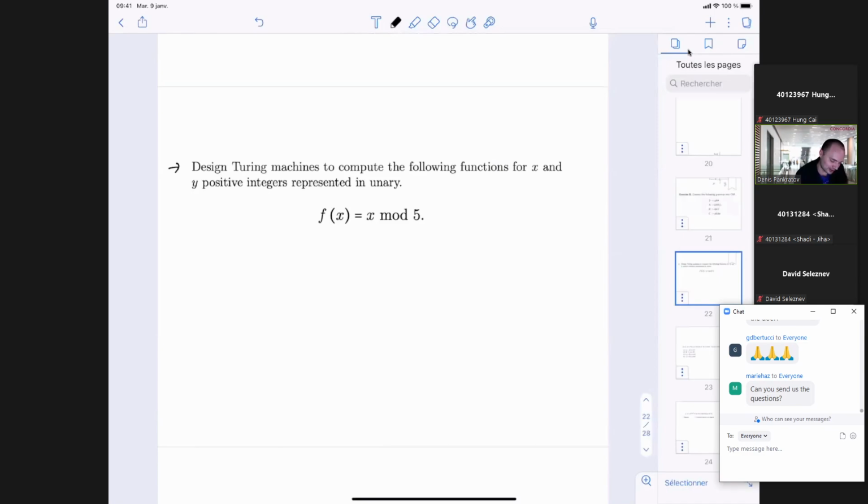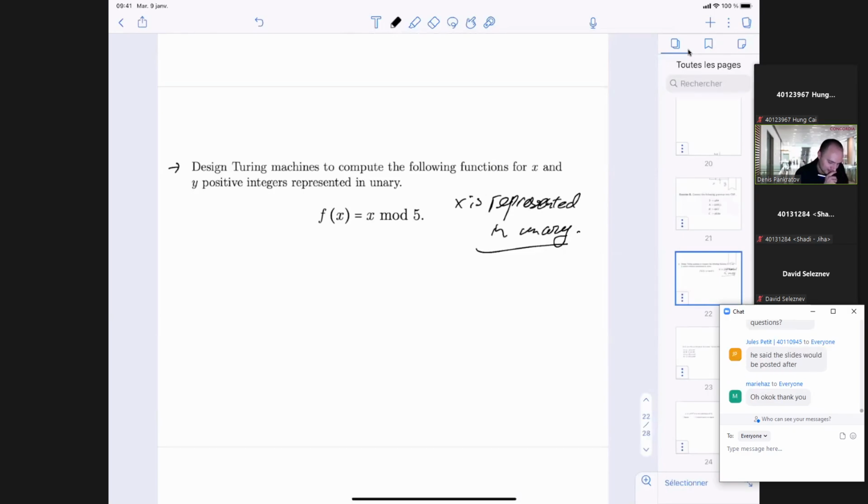Okay, so let's look at this question where we try to design a Turing machine to compute the function f of x equal to x mod 5. And here x is represented in unary. First, it is good to come up with a high-level strategy.